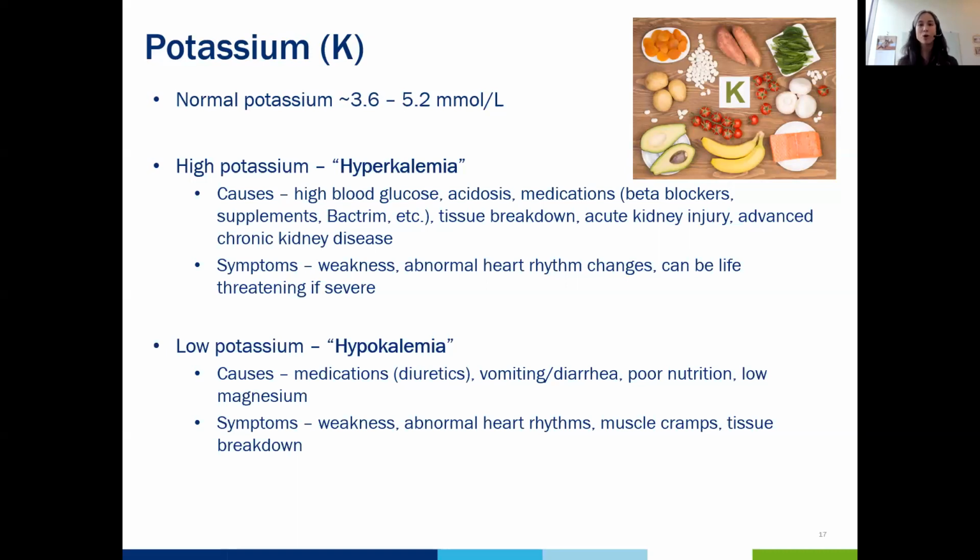And also if you have low magnesium levels, magnesium works together with potassium. So you can have low potassium because of low magnesium as well. Symptoms of low potassium include, again, weakness, abnormal heart rhythms, muscle cramping, and tissue breakdown. Treatment of potassium levels, whether they're high or low, really depends on the cause and the severity.